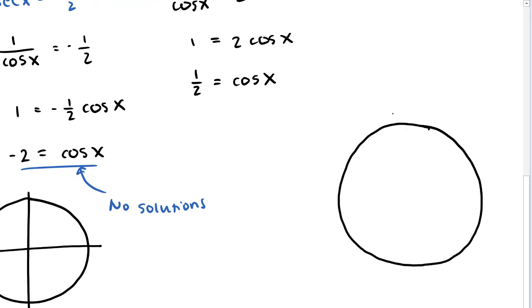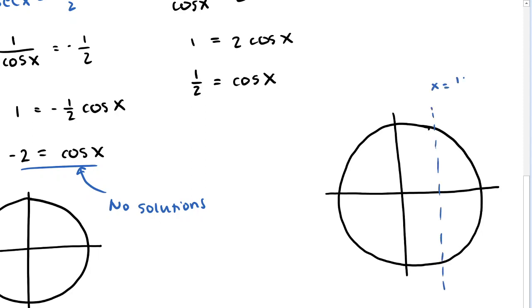We're looking at all the angles which give us an x-coordinate on our unit circle of 1/2. Well, here that happens at pi over 3. And what is this? This is 5 pi over 3. At least these are the solutions in the period, or 0 to 2 pi.